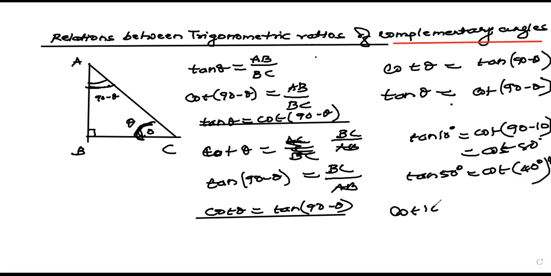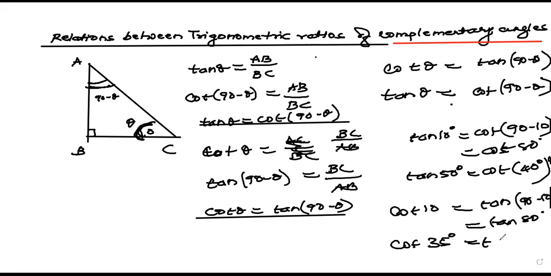Cot of 10 degrees, remove the co, what remains? Tan of 90 minus 10, tan of 80 degrees. Cot of 35 degrees will be equal to tan of 90 minus 35, so tan of 55 degrees.